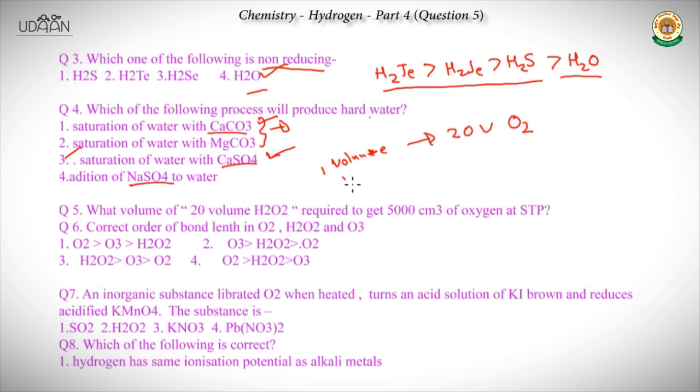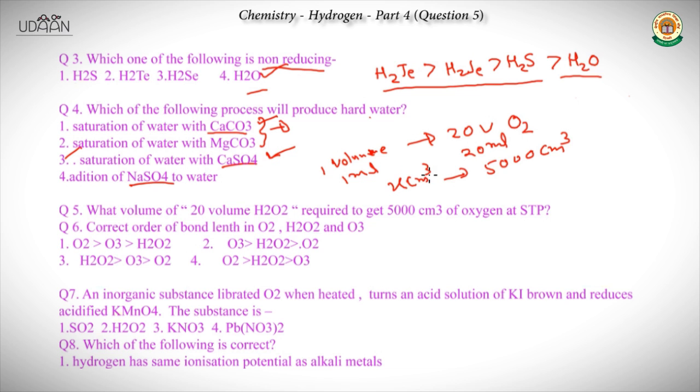That means that 1 ml of H2O2 will produce 20 ml of oxygen, and to produce 5000 centimeter cube, we will need, let us say, x centimeter cube of this.